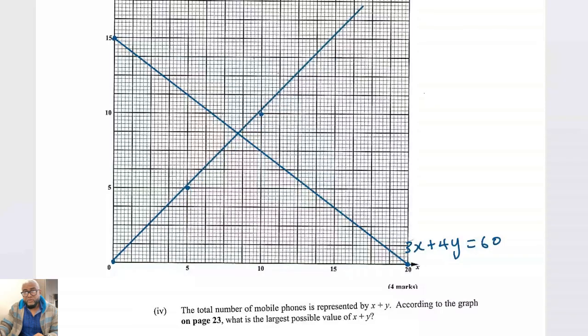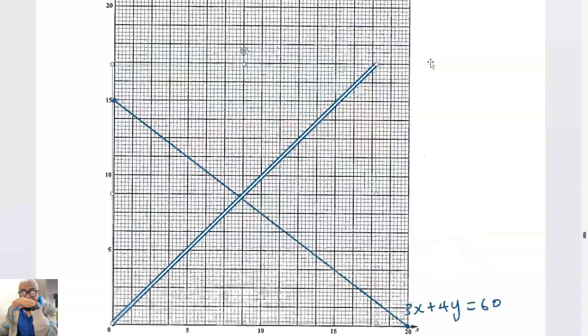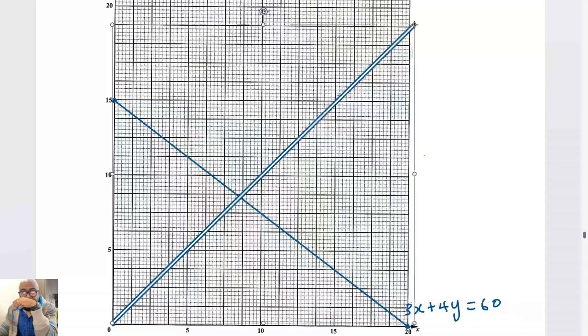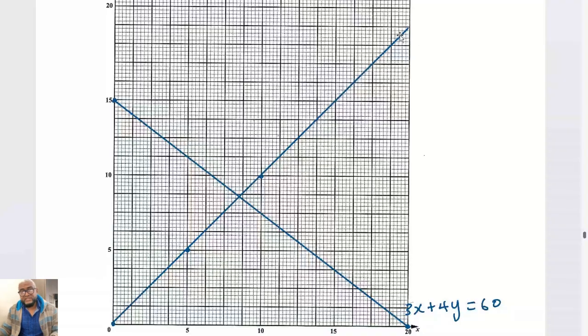And then you keep going up. You could go until the end of the page. What's the label for this graph again? This line is x is equal to y.